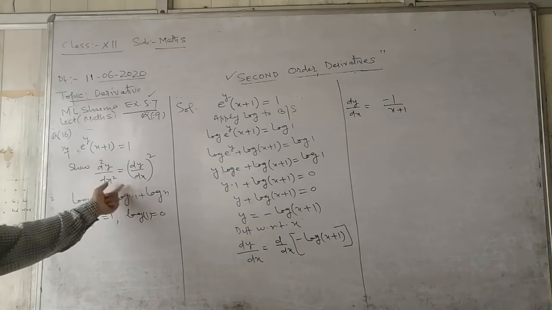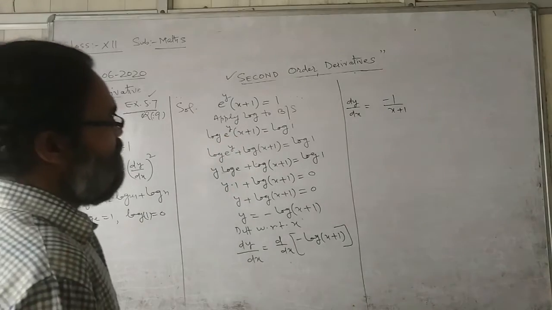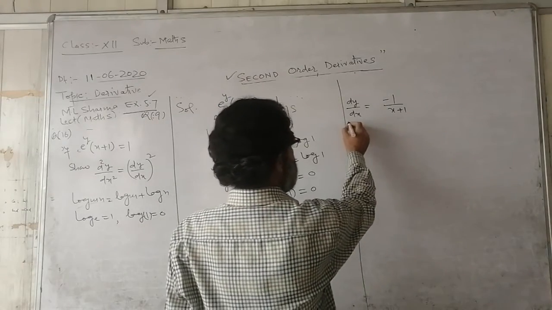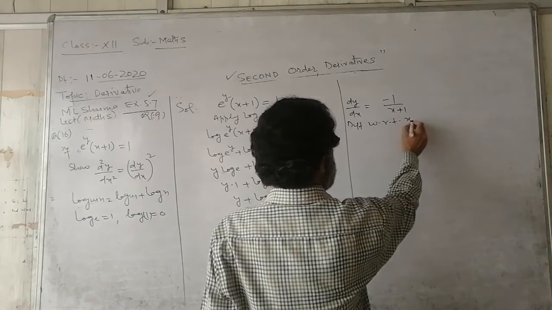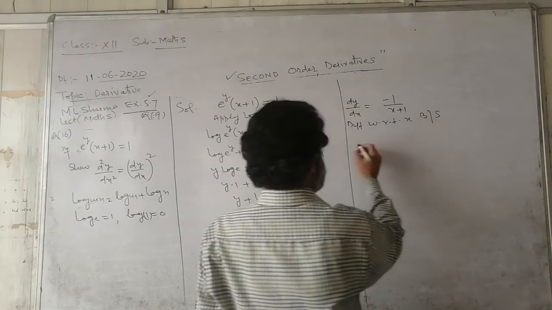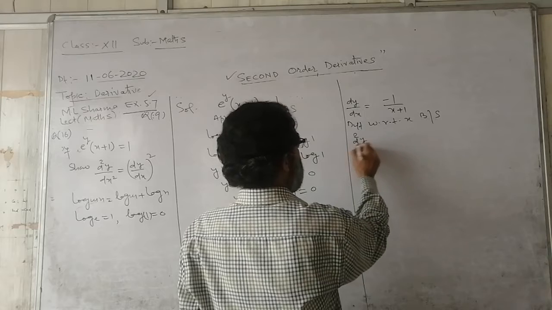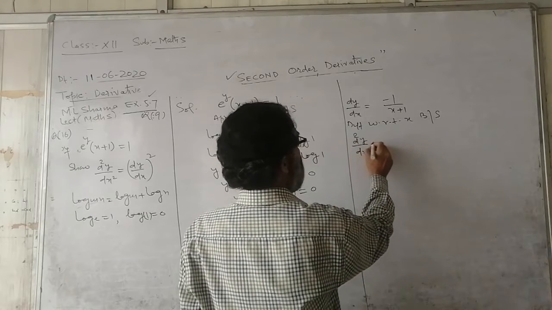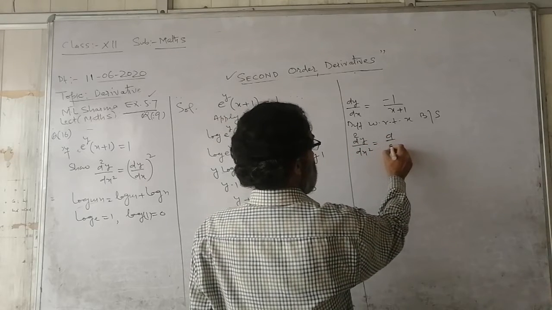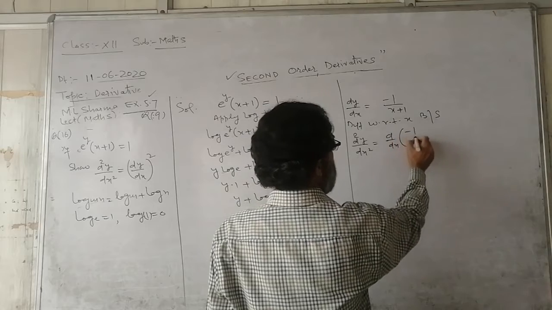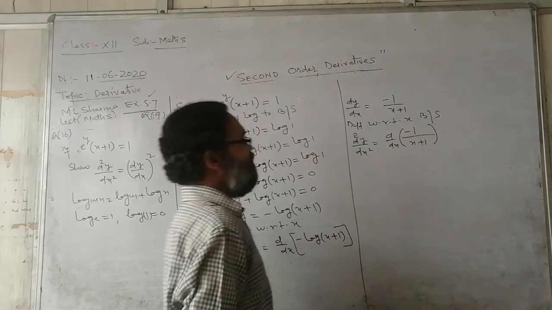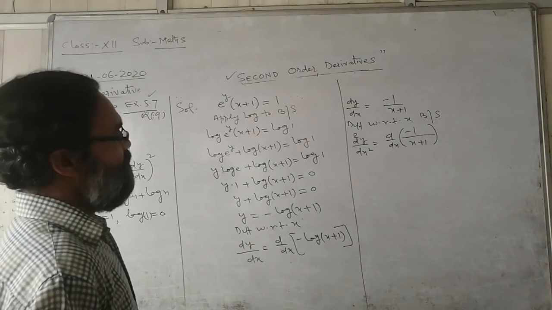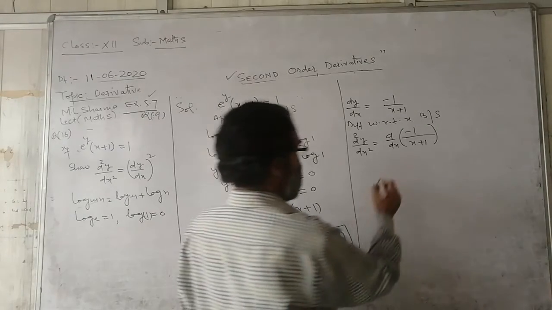Now I have to prove this result. For proving this result, I will have to find its second derivative. So again, differentiate with respect to x both sides. So this will be d2y upon dx2 equal to d upon dx of minus 1 upon x plus 1. Here the quotient rule of derivative is to be applied.